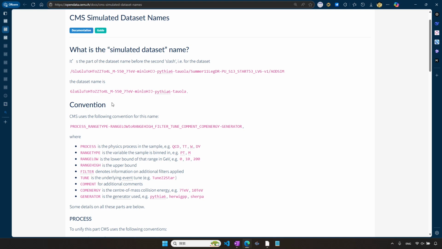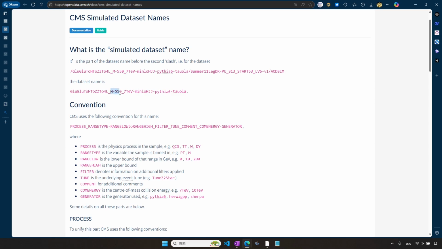So let's take a look at the example. The first part is process. It tells the gluon gluon to H to ZZ to 4 leptons. Glue means the two gluons turn to a Higgs boson, then turn to ZZ, then turn to 4 leptons.